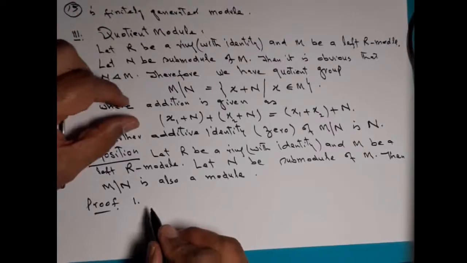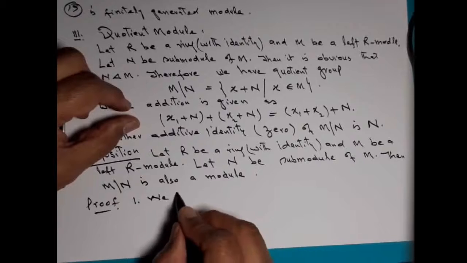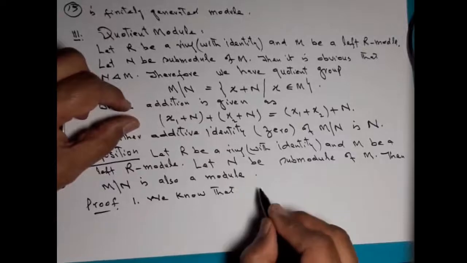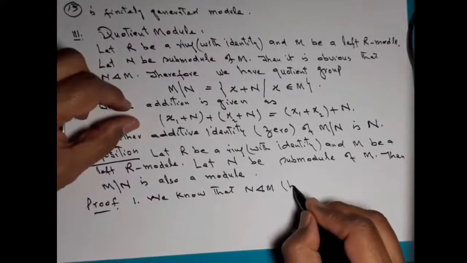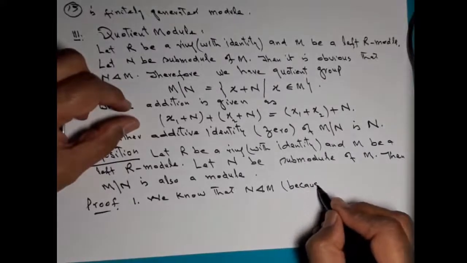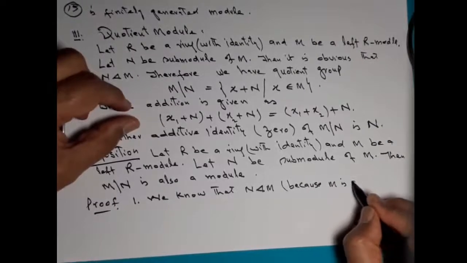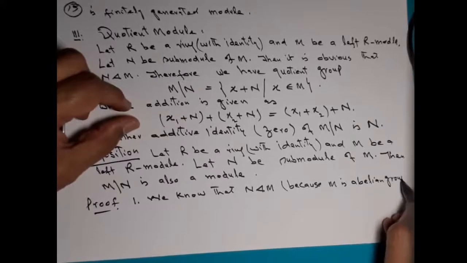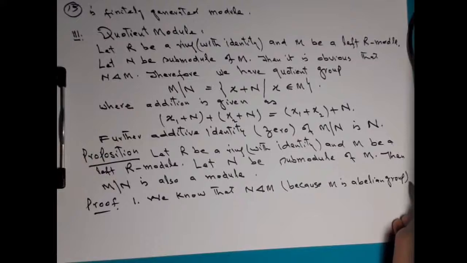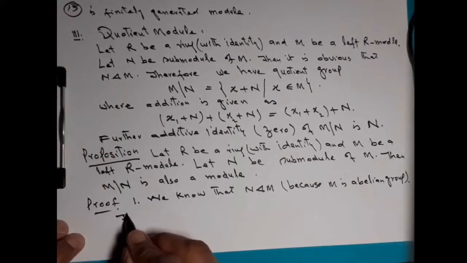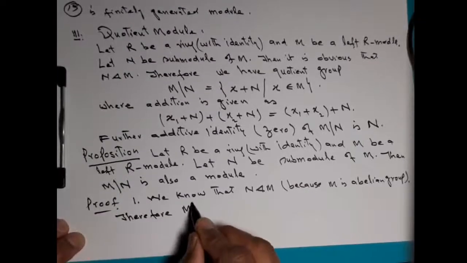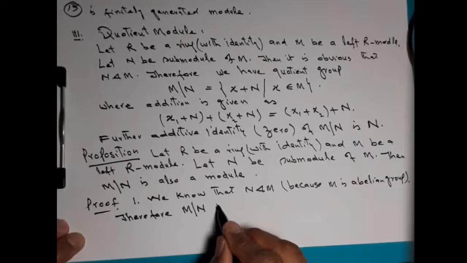So first of all, we know that N is a normal subgroup of M because M is abelian. M is an abelian group, so N is a normal subgroup of M. Therefore, M factor N is defined.